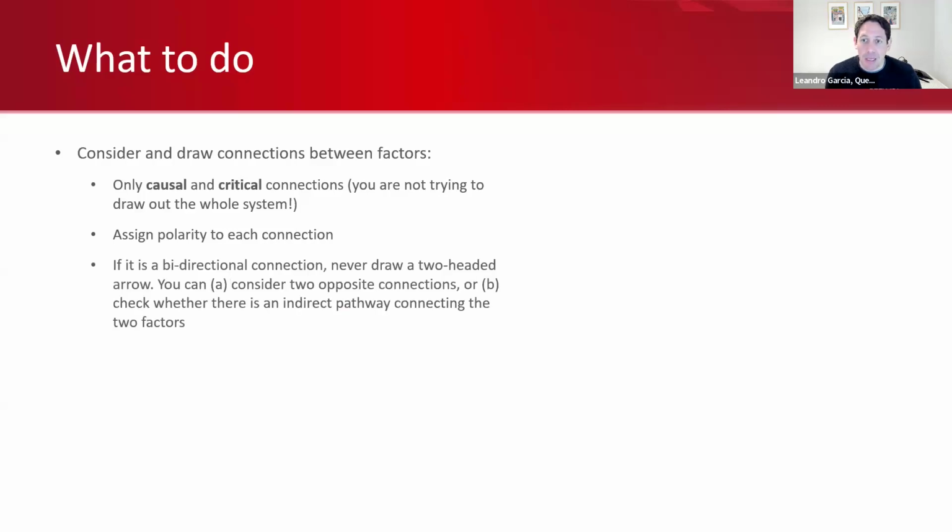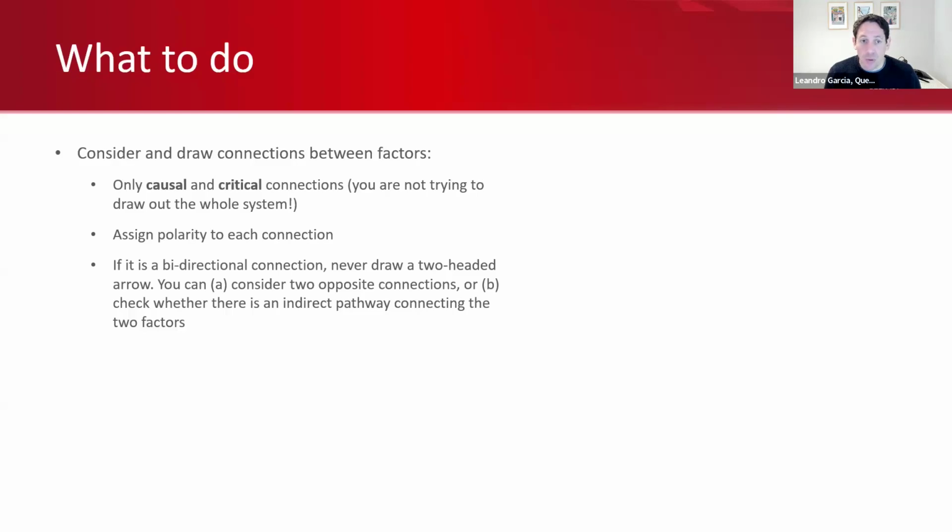It might happen that you have a bidirectional connection. So A affects B, and B in turn affects A. In this case, some people would draw a two-headed arrow. And that's not the suggested way of drawing this connection.